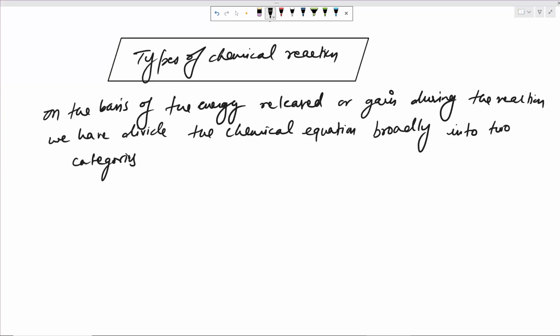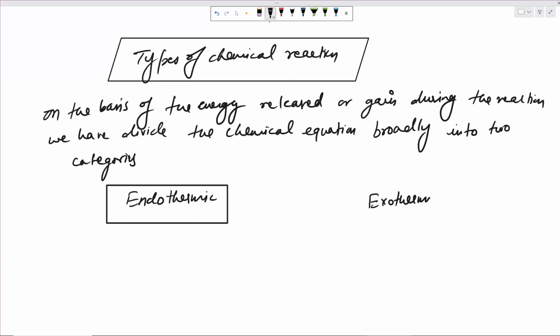First category is endothermic reaction, and the second category is exothermic reaction. Endothermic and exothermic reactions.